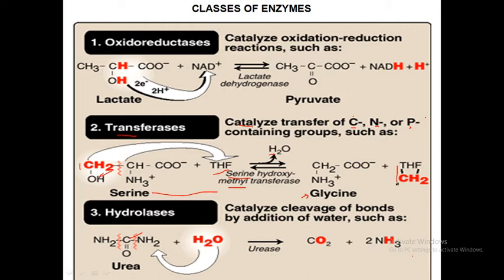So there is a transfer of a group from one chemical species to another chemical species, from serine to the tetrahydrofluoride. Serine will become glycine and the tetrahydrofluoride will become methyl tetrahydrofluoride with the removal of a water molecule. So this is a transferase kind of reaction.